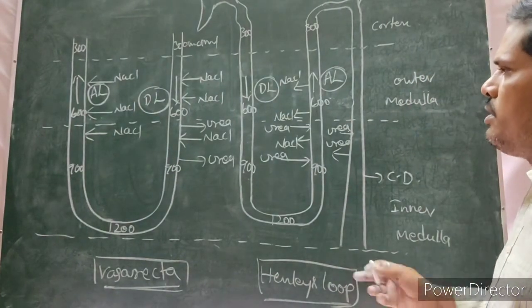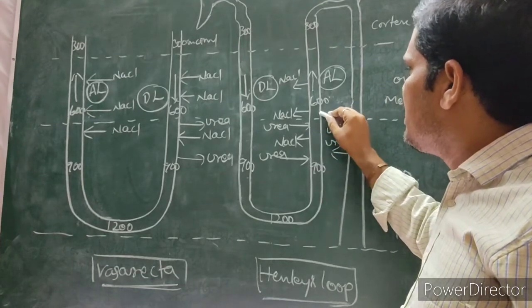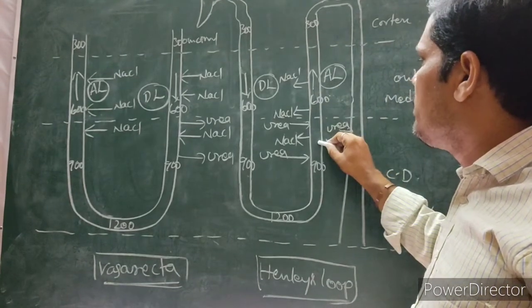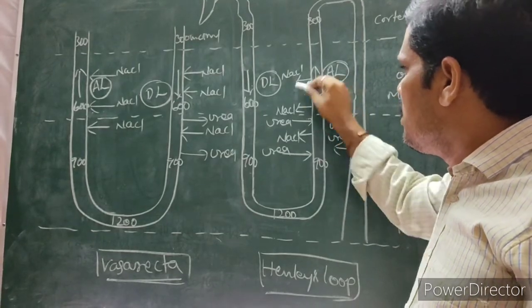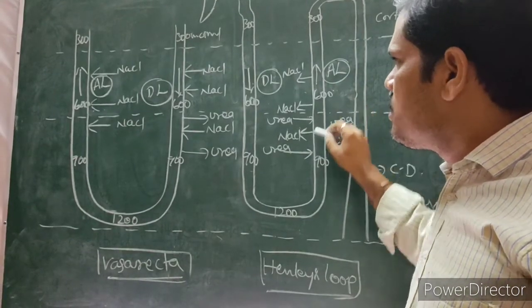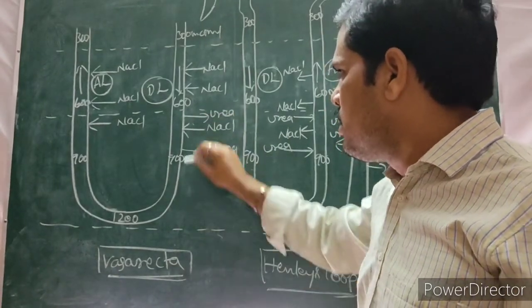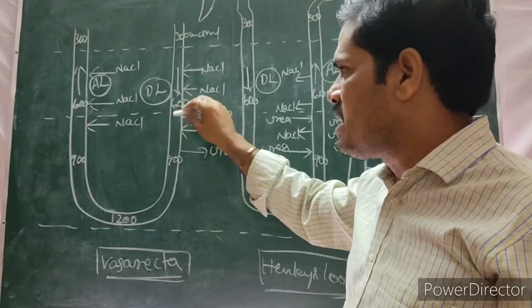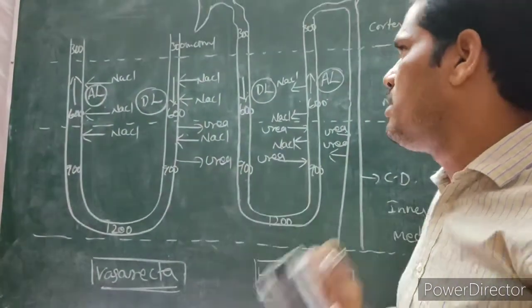Now, if sodium chloride is released from the ascending limb of Henle's loop, it enters the descending limb of the vasa recta. From this descending limb of the vasa recta, it enters the ascending limb of the vasa recta.